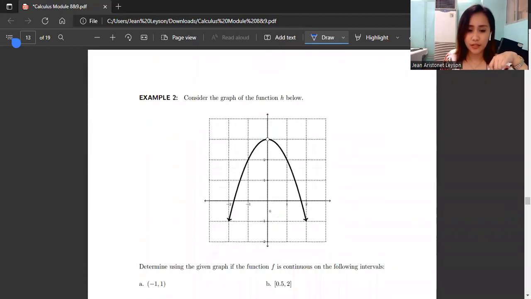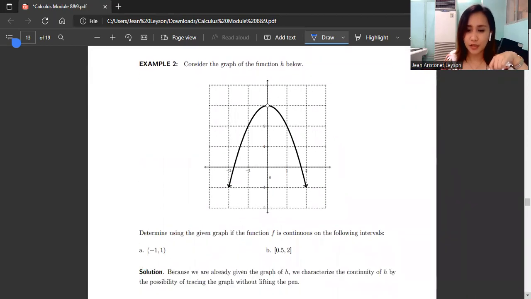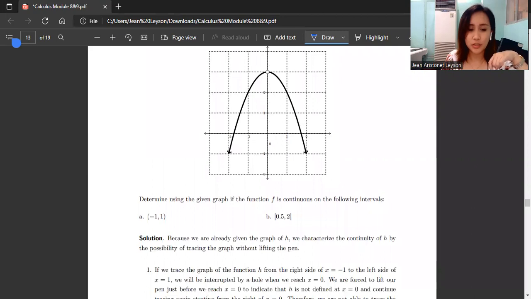So another one, consider the graph. It's still a parabola. Determine using the given graph if the function is continuous on the following intervals. A, that's -1 to 1. Then B, that's 0.5 up to 2.